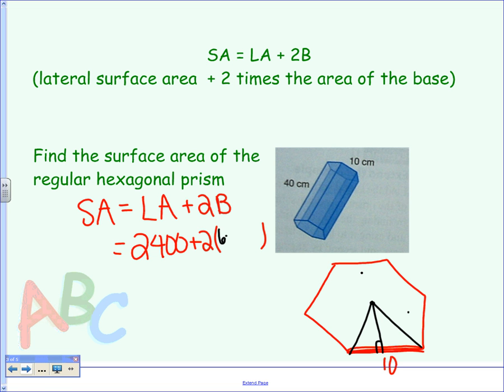Okay, so I need to figure out this height. How many degrees are in this thing right here? 360. How many triangles did I have? So how many would be here? How many degrees? 60. And what would be in each of these two? 30 in each. Does that make sense?